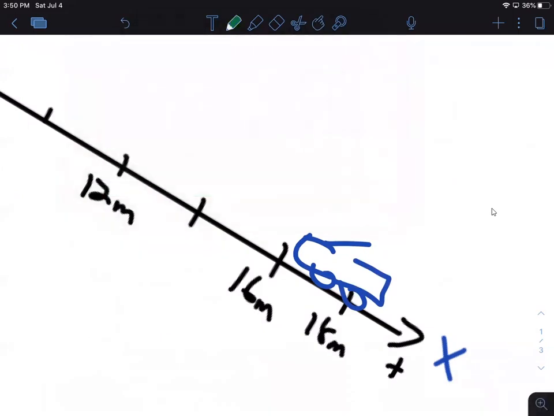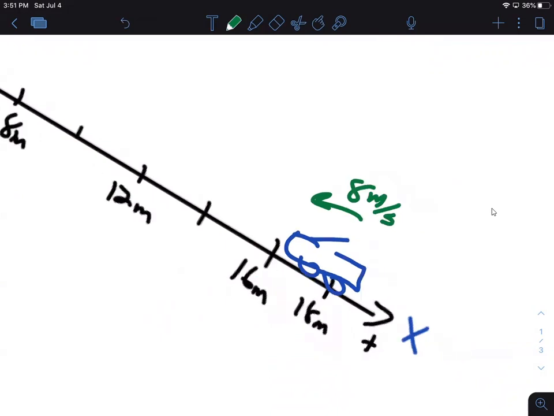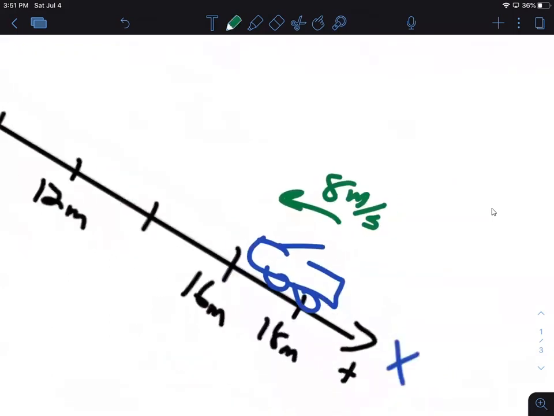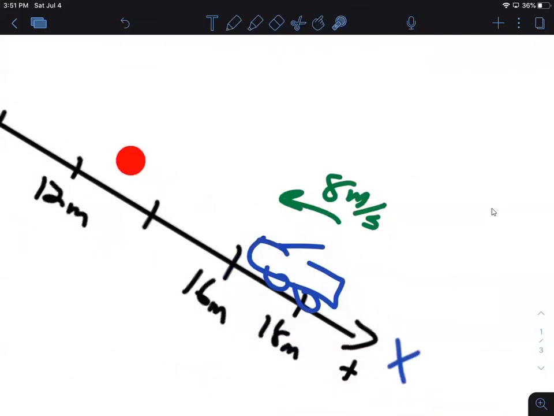And let's say that that car has an initial speed of 12. Let's not do 12. Let's do something like 8 meters per second. And notice I said speed. Speed is just how fast. So when you're thinking velocity, you've got to pause and say, what direction is it going in? And in this case, it's going up the ramp.